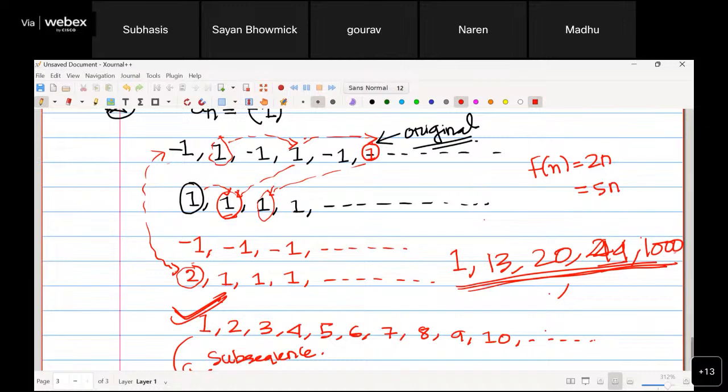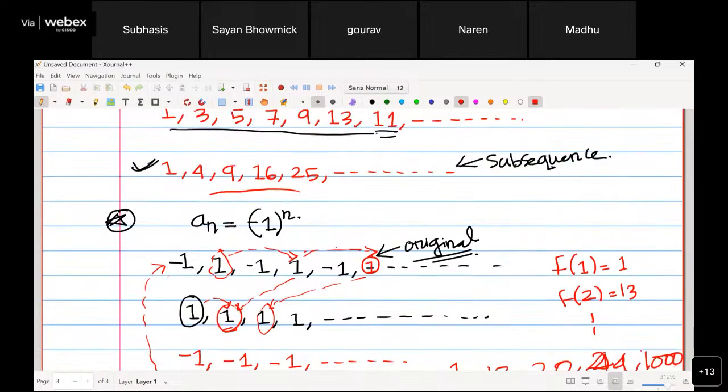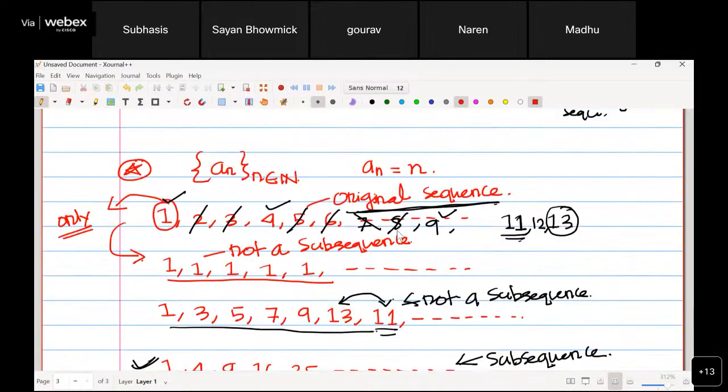You have to define it one by one, because you don't have any general formula. You have to define f of 1 is 1, f of 2 is 13, like this. Since this is a sequence, this is a function. But you don't have a concrete formula or relationship like this.